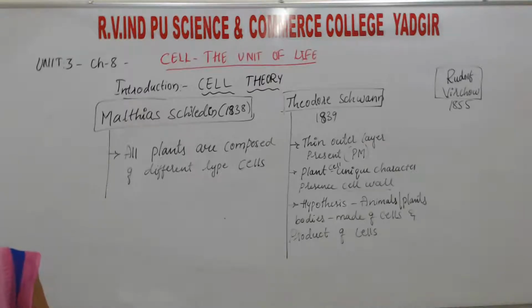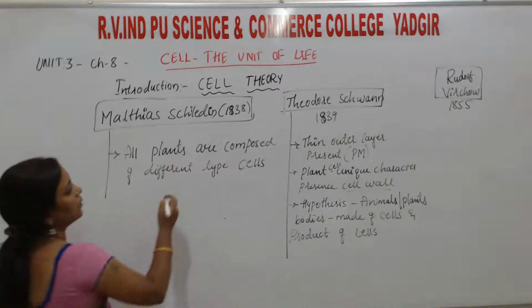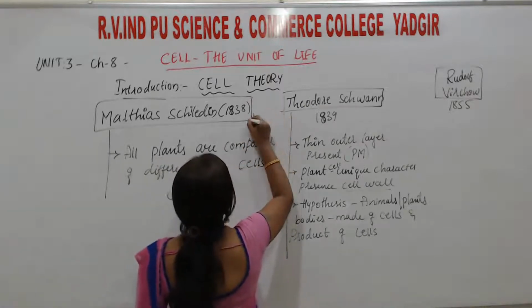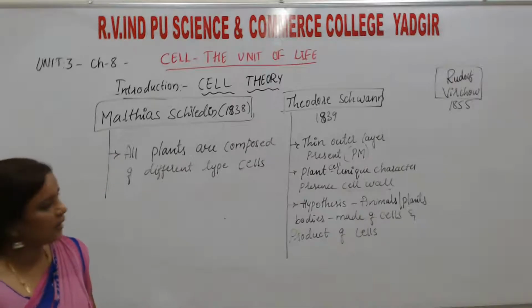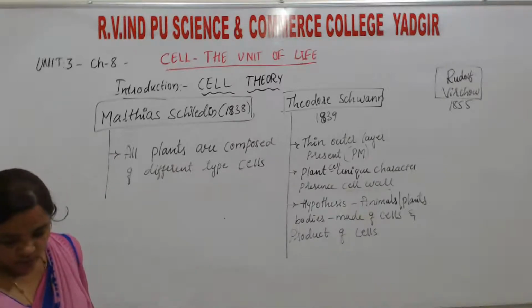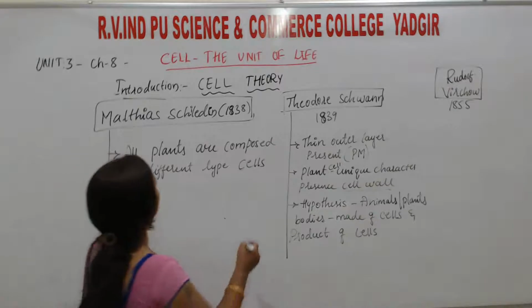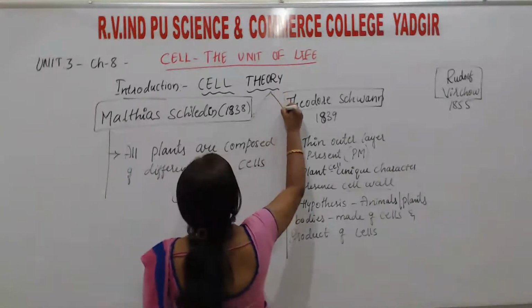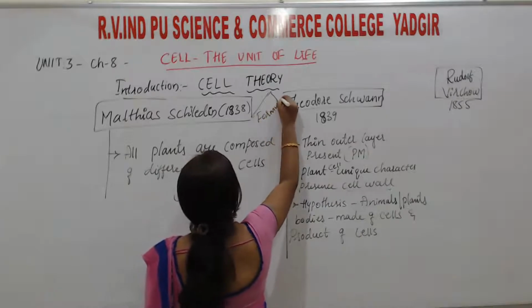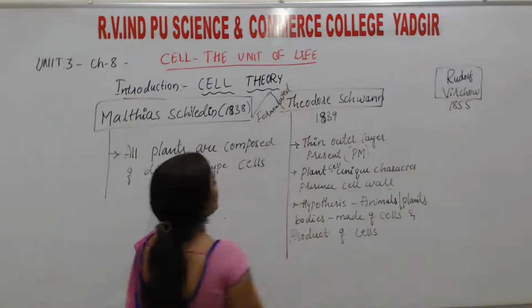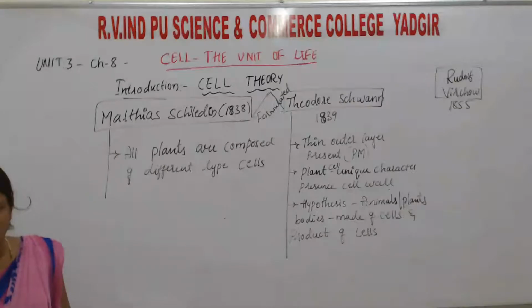After this, both Schleiden and Schwann formulated the cell theory.